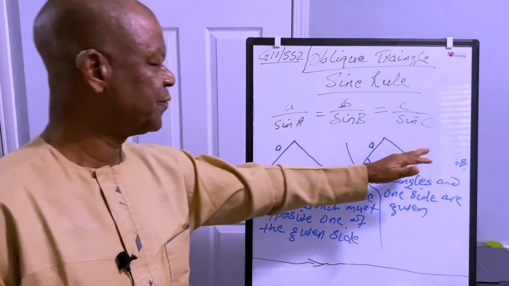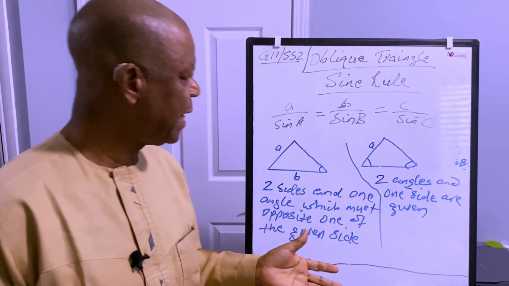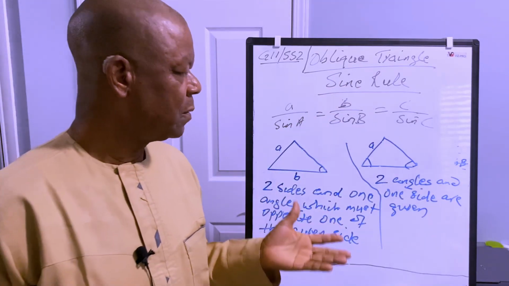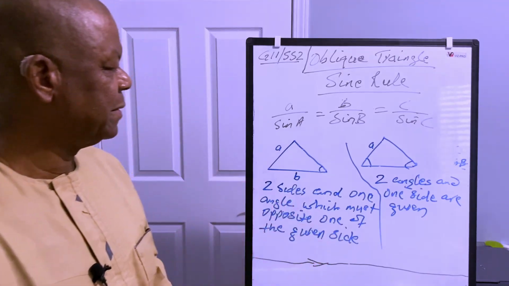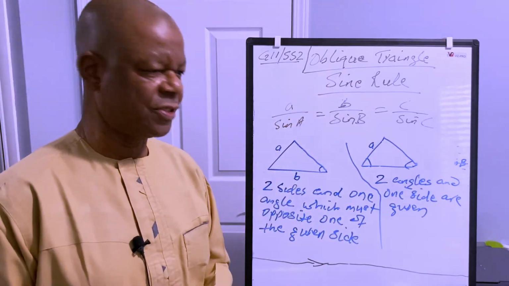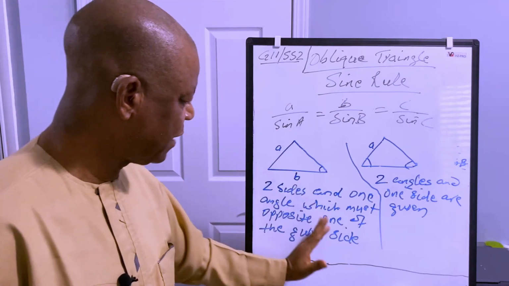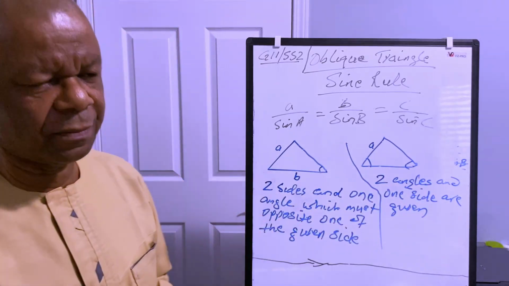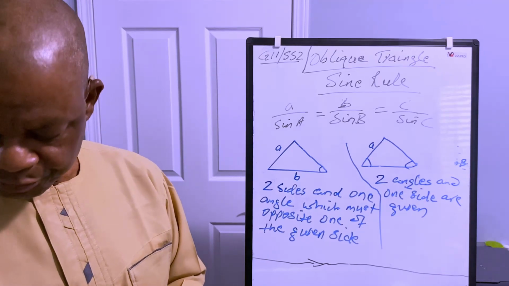Either we are expected to find the ungiven side, we use this very rule, or we are asked to find the remaining angles, we use this. But we must have any of the two situations before we apply that.